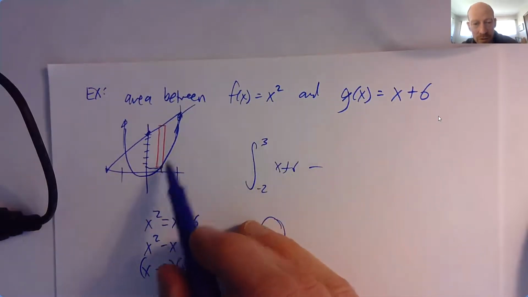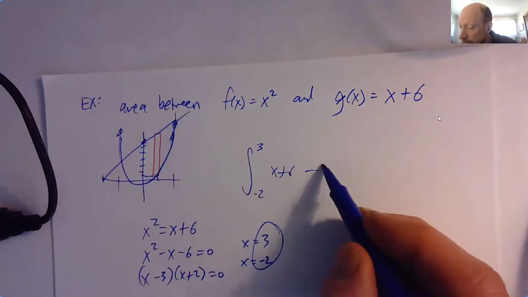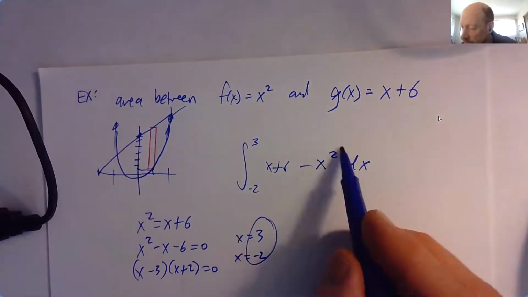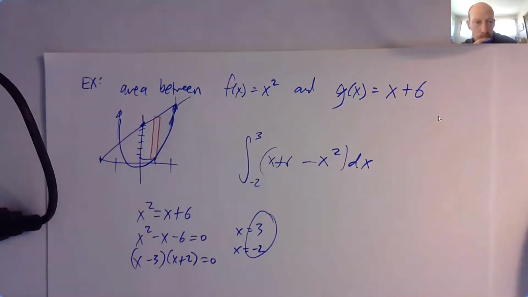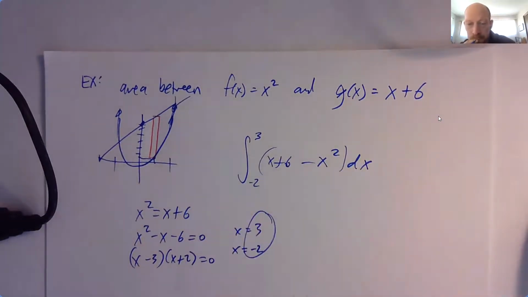The y value is equal to x squared all along this curve. The dx represents our width. It's a 6 there. Okay.